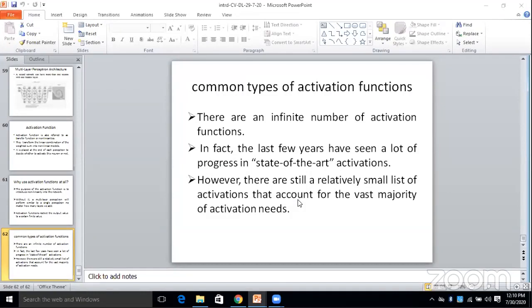Whenever we say deep learning, it is a sub-branch of artificial intelligence. Once I use deep learning, you won't see the component of artificial intelligence anywhere, because it does everything internally. Sometimes I say deep learning, sometimes artificial neural networks. There won't be any difference.